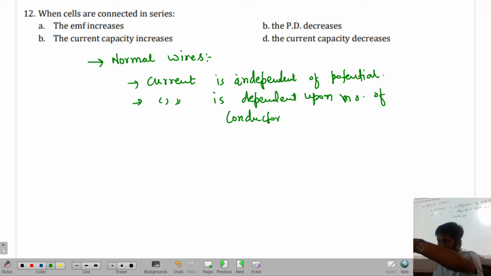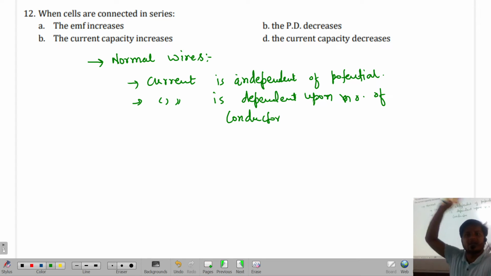It depends upon how thick or thin my pipe is. It also does not depend upon the water content in the tank. Are you able to understand me or not?